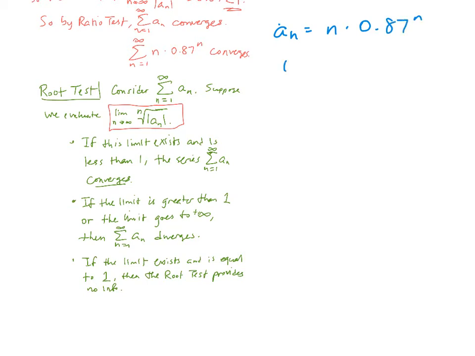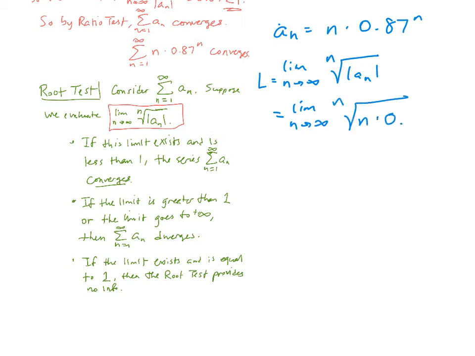And I'm going to calculate the limit. I'm going to call that L. The limit as n goes to infinity of the nth root of the absolute value of a sub n. Again, the absolute value is not really important here because everything here is positive. Nth root of n times 0.87 to the n.